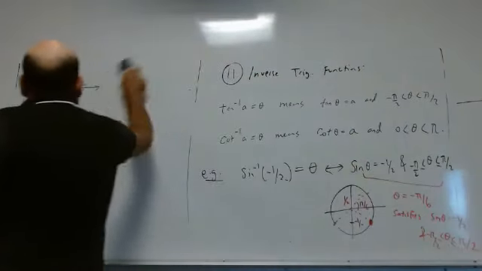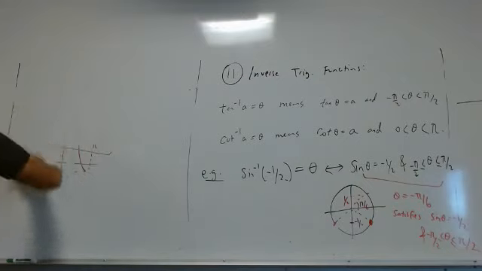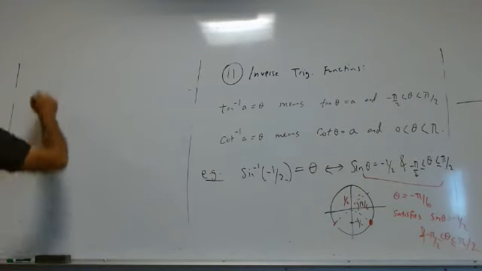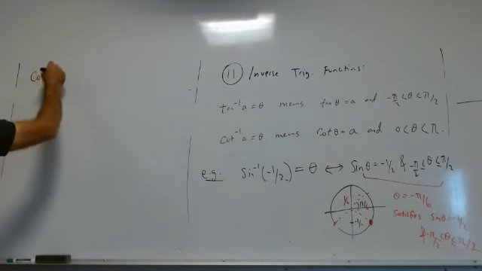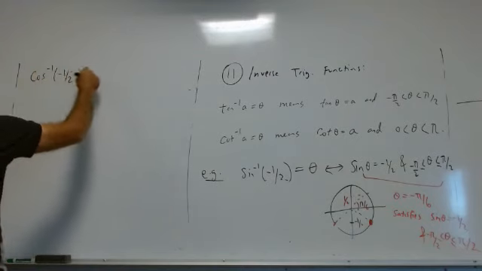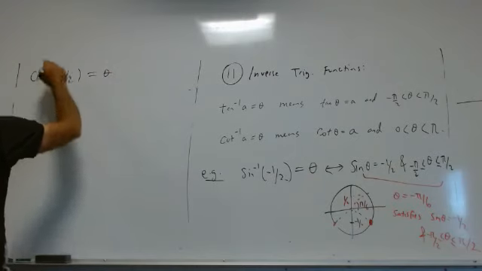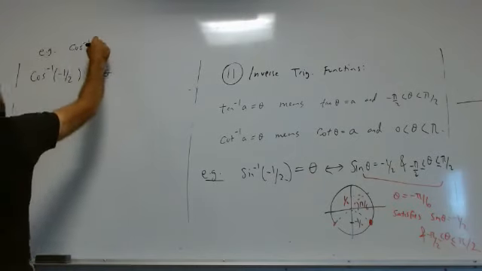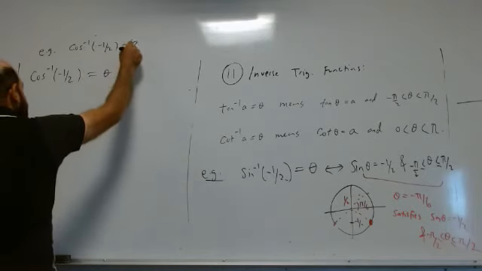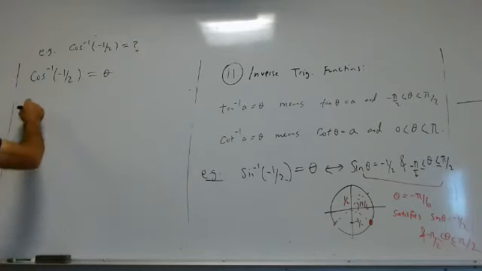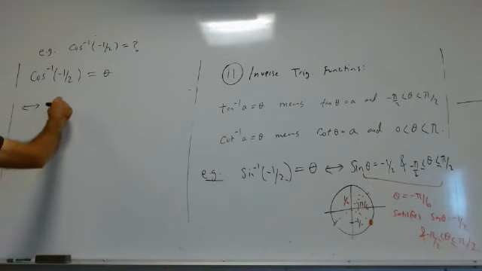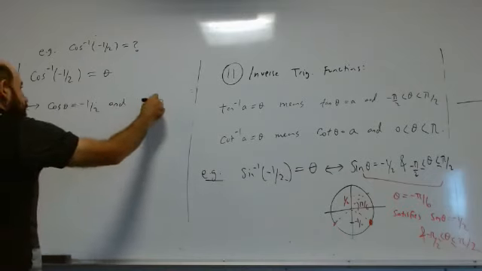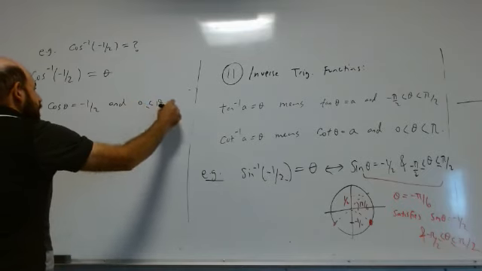Okay, what about, let's say, cos inverse of minus 1/2? Cos inverse of minus 1/2, again, if I put it equal to theta, this is the same as saying that cos theta equals minus 1/2, and theta this time has to be between 0 and pi.